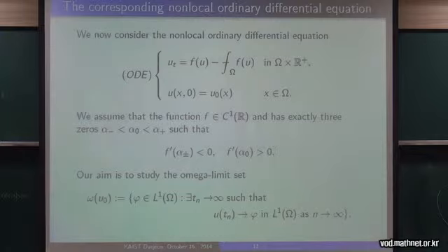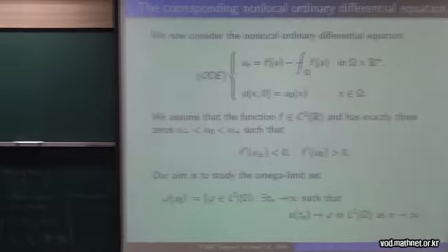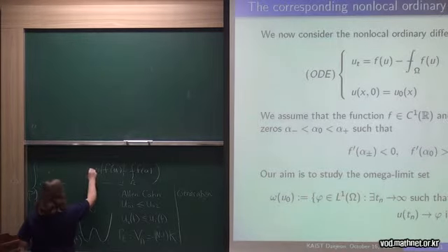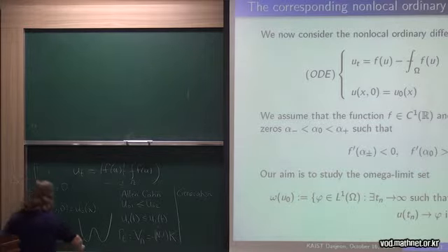Now, let us come back to the purpose of this lecture, namely this non-local ODE. For the rest of the lecture, we will cancel the term Laplacian u. So we just have u_t equals f of u minus the average of f of u.